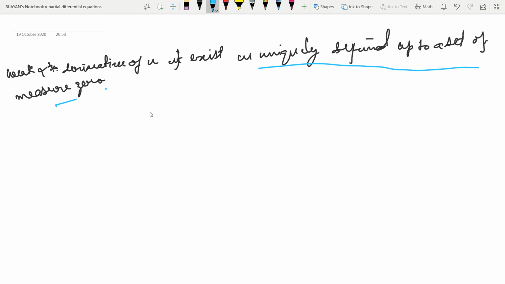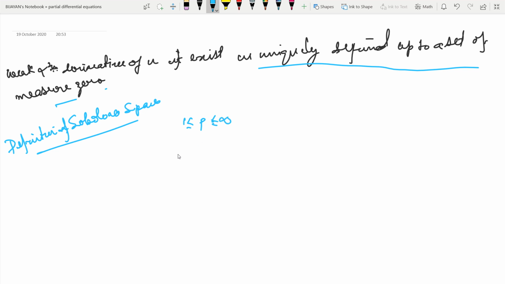Now let's come into the heart of this chapter, the definition of Sobolev space. Fix 1 less than or equal to p less than or equal to infinity, and k a non-negative integer.